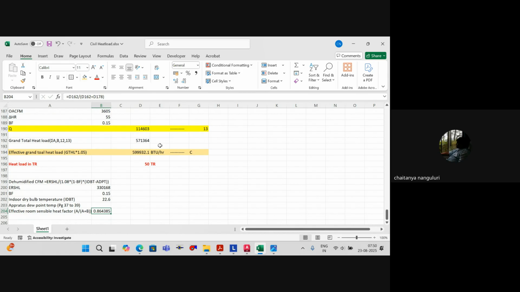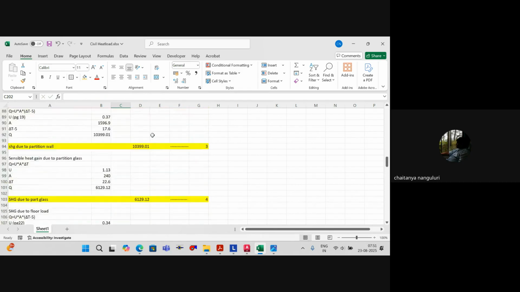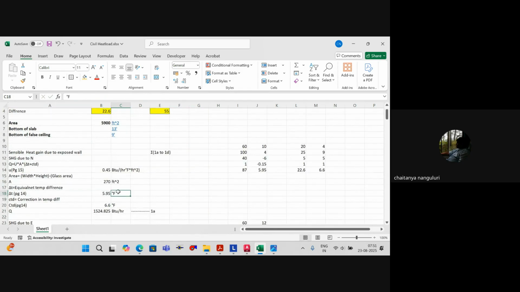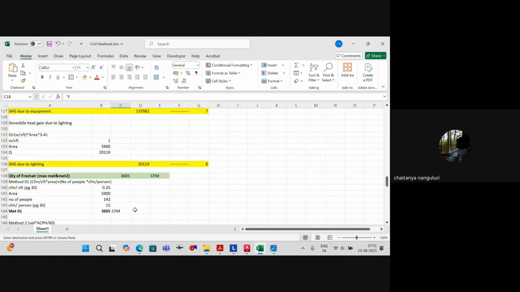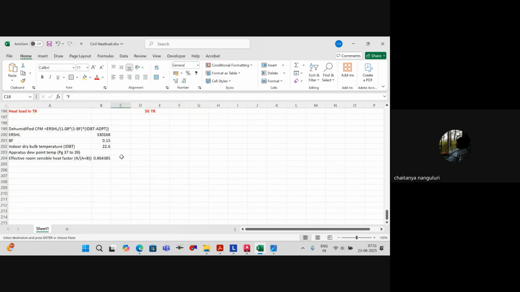You agree or not? Clear? Now we have to calculate according to these values. This is a factor which doesn't have any units. Bypass factor doesn't have either. This is degrees Fahrenheit, which you're already aware of. I didn't write units everywhere. You're able to manage it, right?